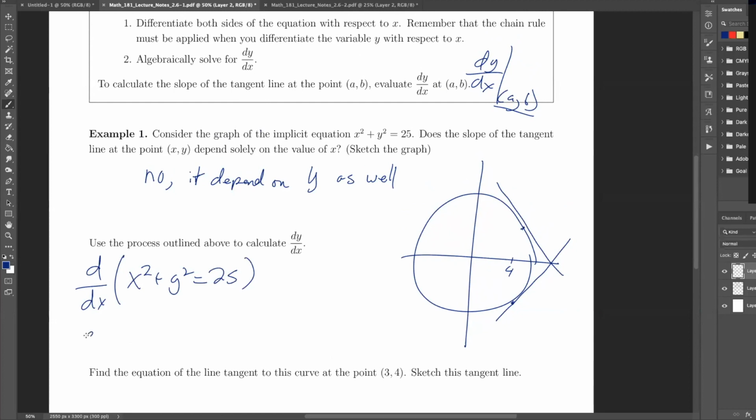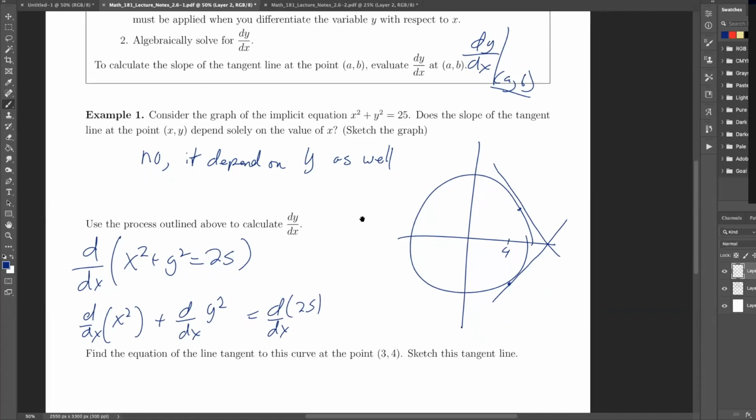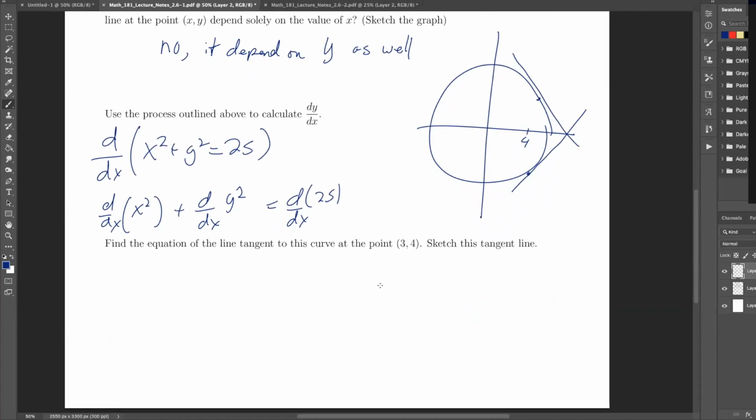All right, so let's do this very slowly. d/dx of x squared plus d/dx of y squared equals d/dx of 25. I guess I should have left myself a little bit more room for this. I'll be okay. I'm just going to use some of this room here, and then we'll find the equation of the tangent line over on this side. Okay.